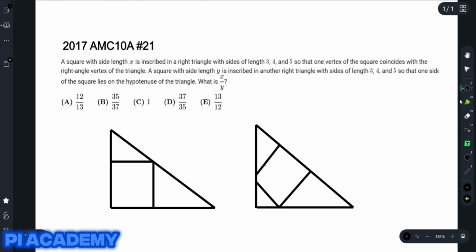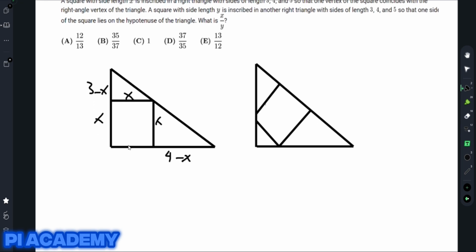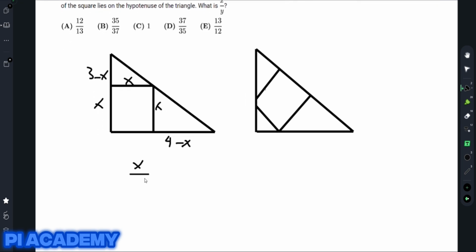So what we have now, x, x, okay, so now we have similar triangles, and we can do x over 4 is equal to 3 minus x over 3.